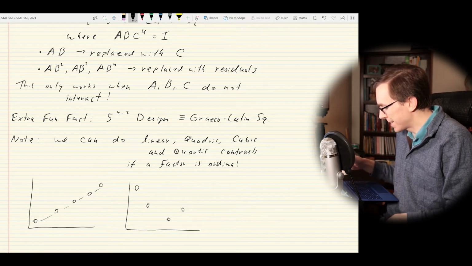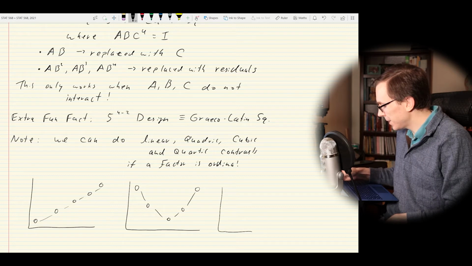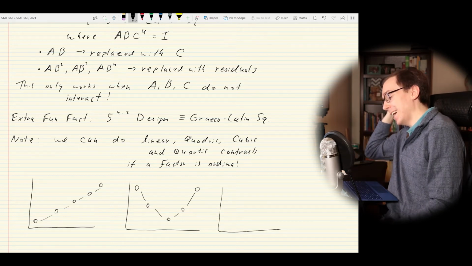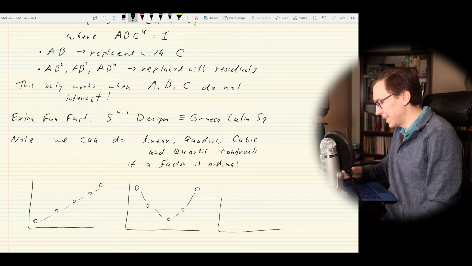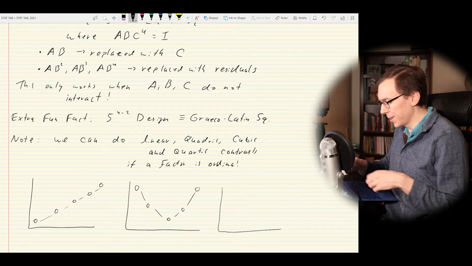Oh, I messed it up. No, I didn't. I got it right. 1, 2, 3, 4, 5. My cubic in this case would have to go, let's see, 1, 2, 3, 4.